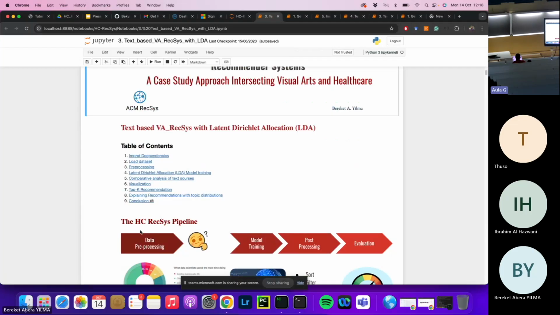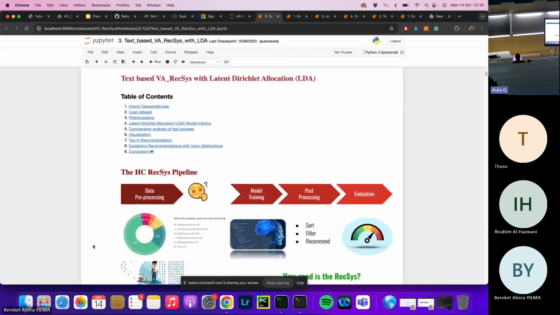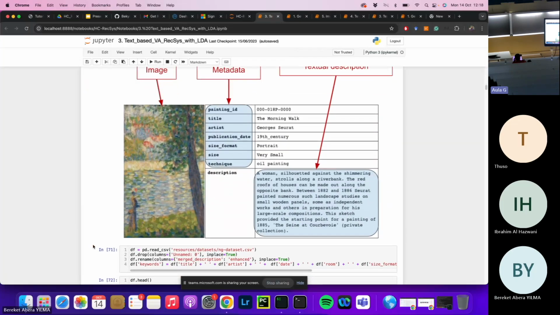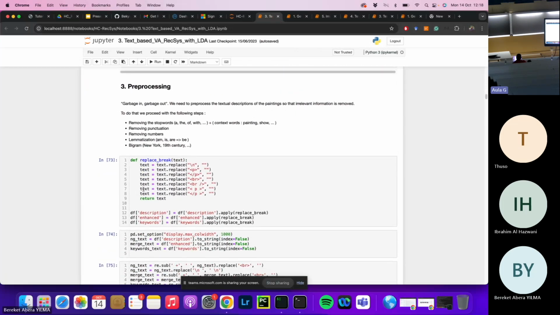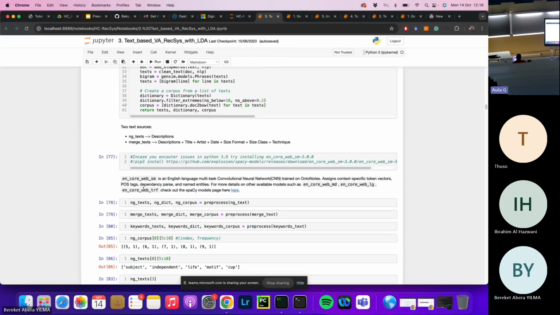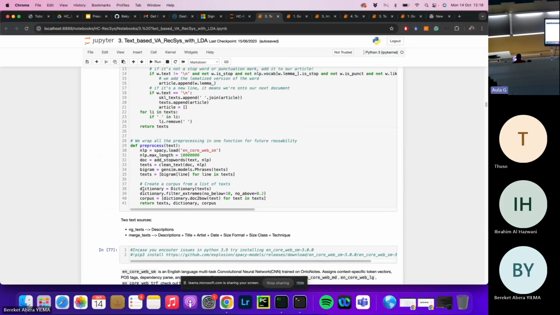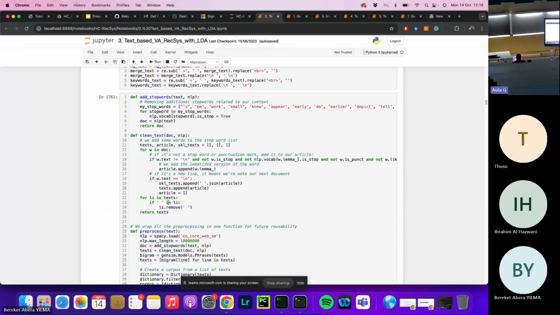The notebook is quite self-explanatory. You have descriptions of the data set. For example, in the first one, you have the pre-processing phase. Then you have a module that actually builds the topic models.